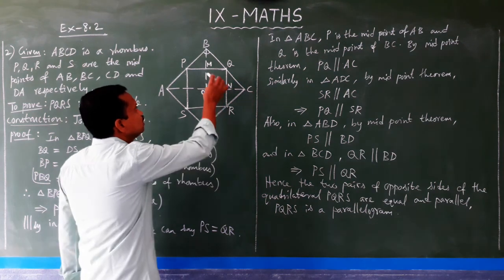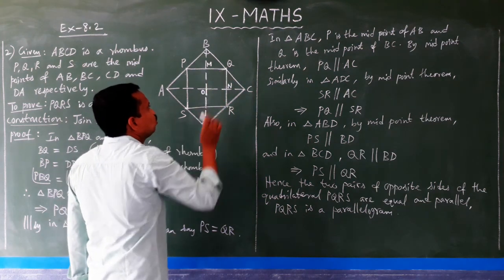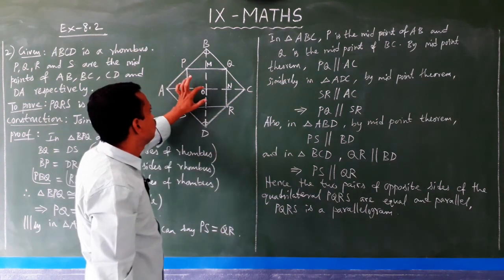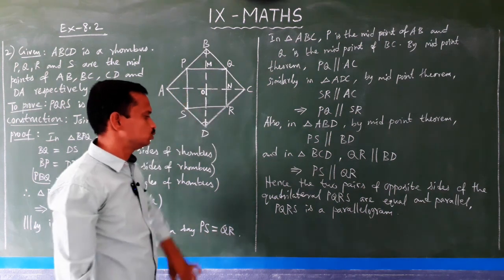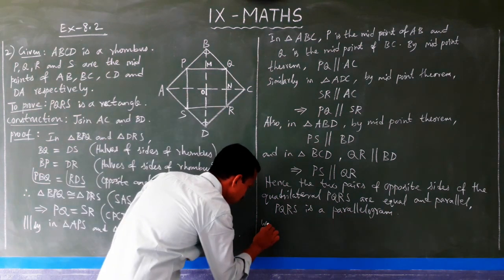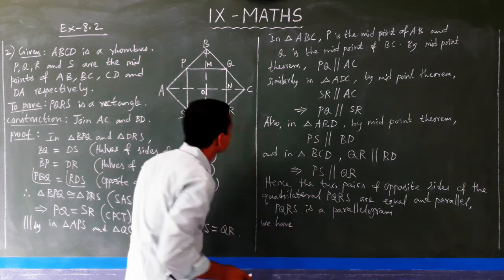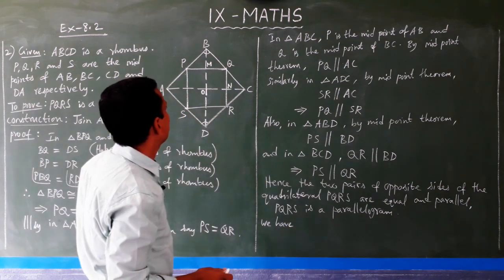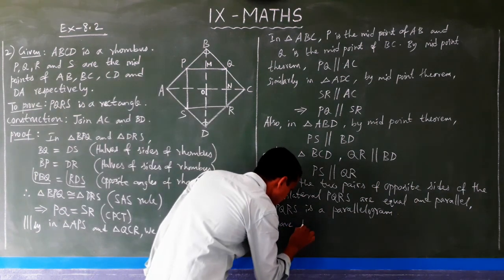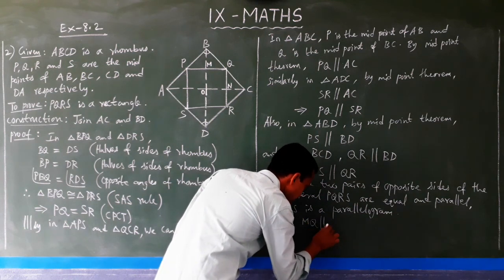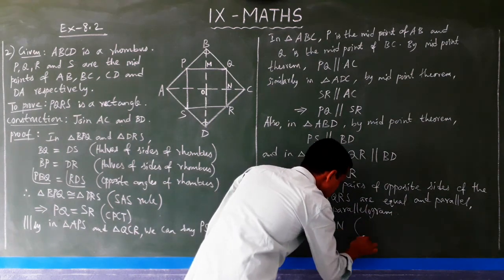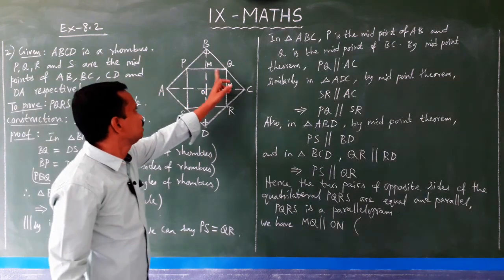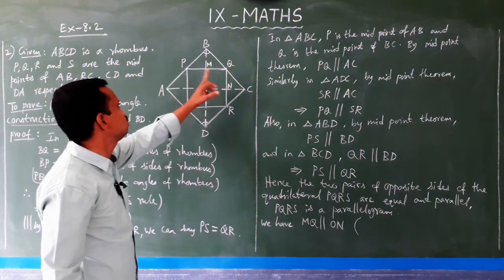So here MQ is parallel to ON and OM is parallel to NQ. We have MQ parallel to ON. You know why we are taking MQ parallel to ON? Because PQ is parallel to AC.